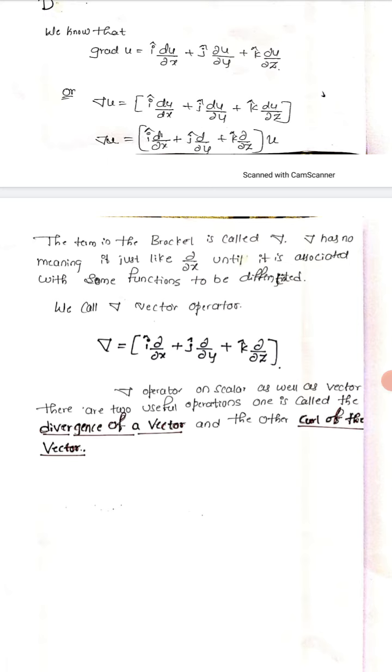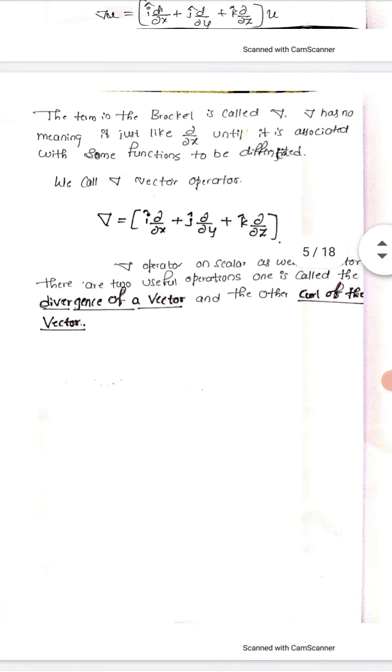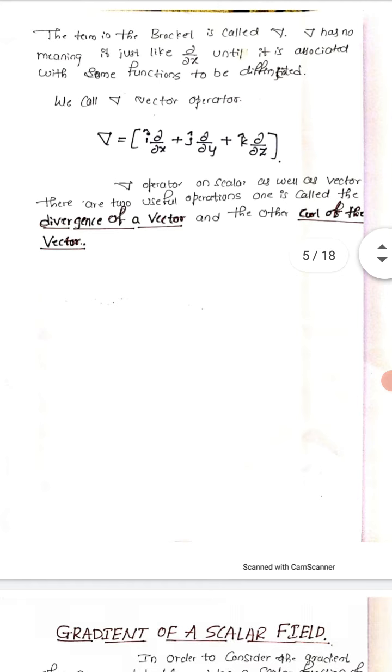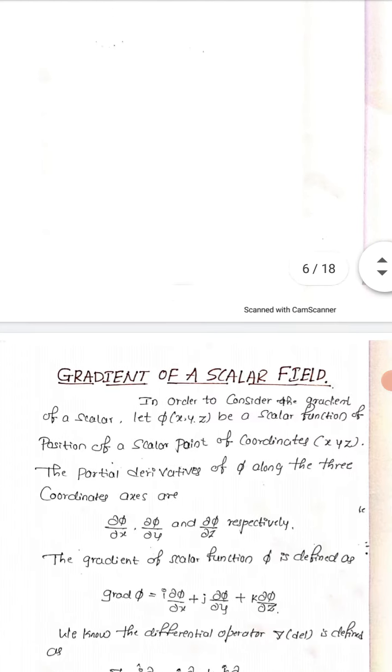Then we call it a vector operator: del equals i cap ∂/∂x plus j cap ∂/∂y plus k cap ∂/∂z. The operator acts on scalar as well as vector, and there are two useful operations: one is called the divergence of a vector and the other is the curl of a vector.